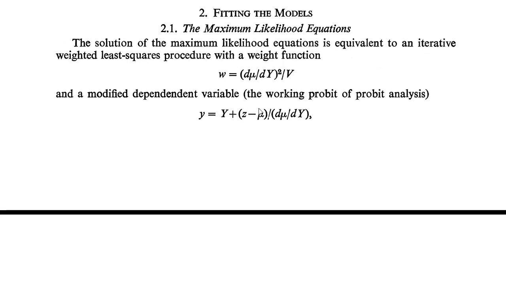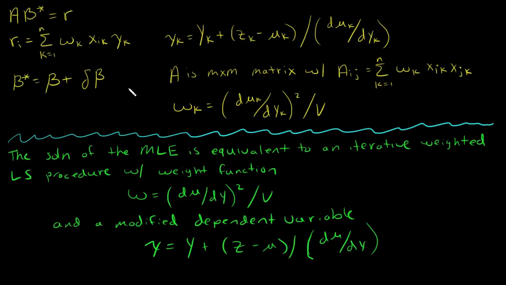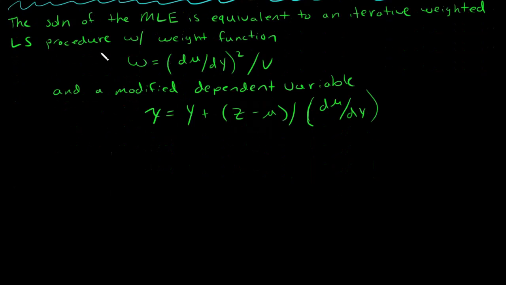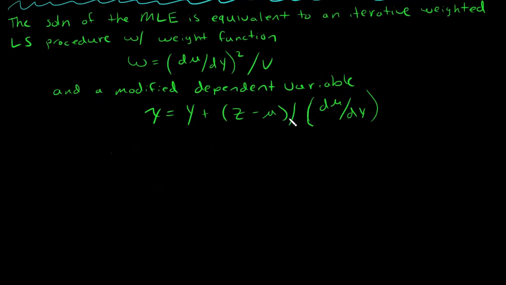I'm going to talk a little bit more about this weighted least squares, and then in the next video we'll show how it's equivalent to basically this AB equals R. So all this stuff up top, this is basically what we showed previously in the playlist, and where I want to spend my time right now is really just on what is this least squares procedure, where did this come from, and then we'll show how it's equivalent in the next video.